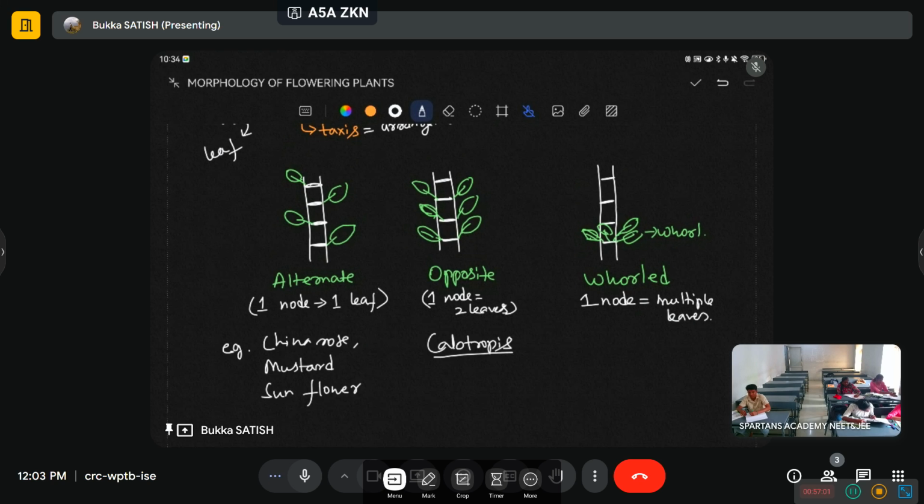Calotropis plant. Apart from this, if you have a guava plant in your garden, you check it. In guava also you can see the opposite phyllotaxy. Next, whorled phyllotaxy you can see in nerium. It's not given in the textbook. So, Alstonia. Alstonia is one example given. If you are clear with the logic, the names are very easy.